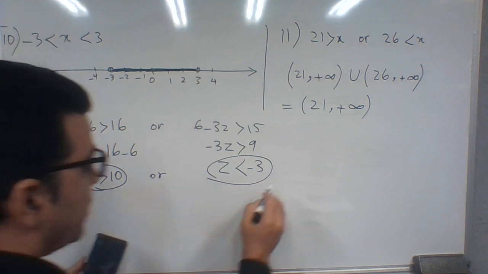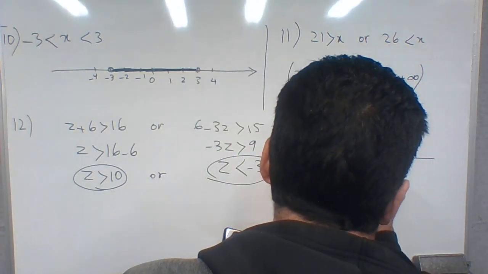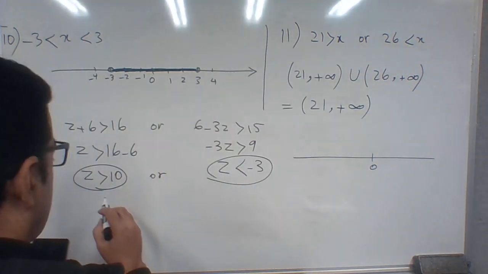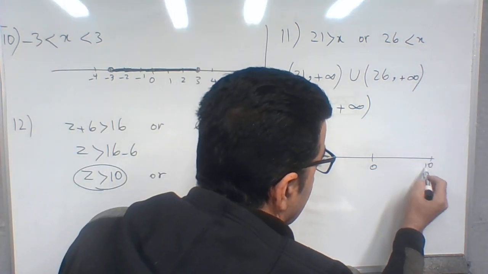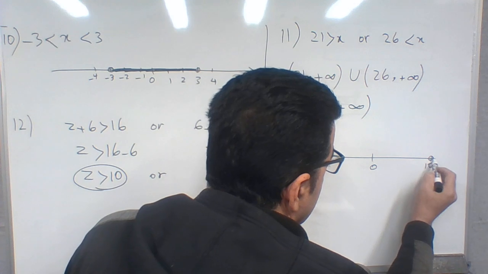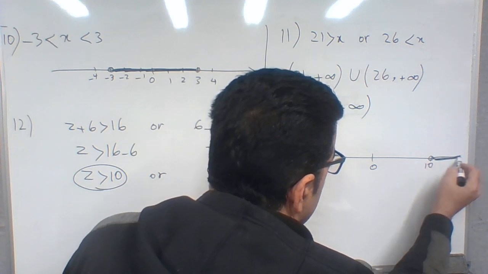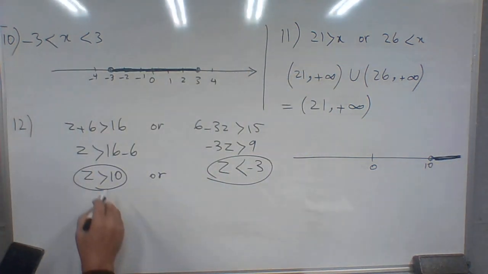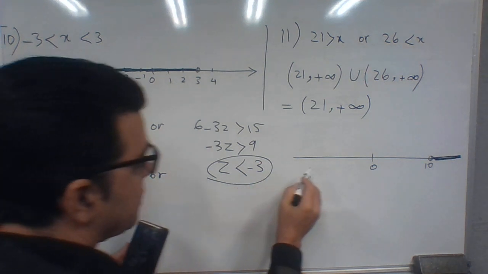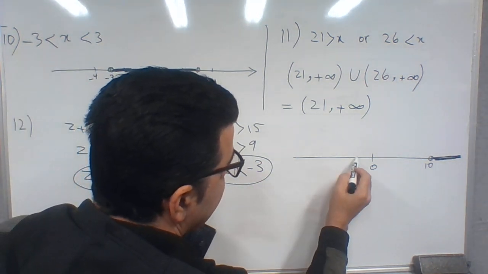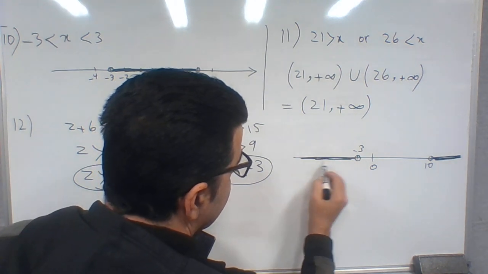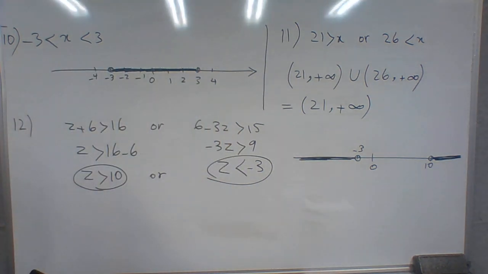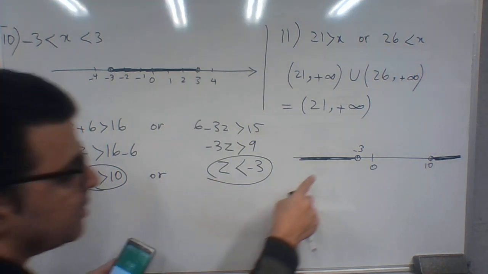On the number line, if this is 0, z greater than 10. If this is 10, so everything greater than 10. This is this part. And then z less than negative 3. If this is negative 3, less than negative 3. So this or this means together.